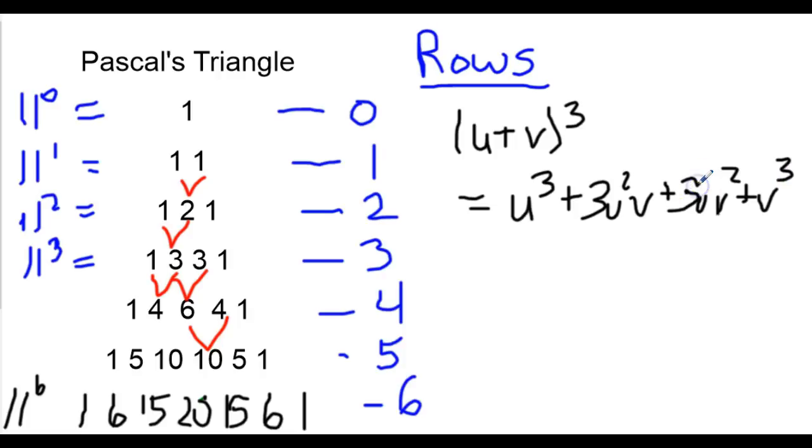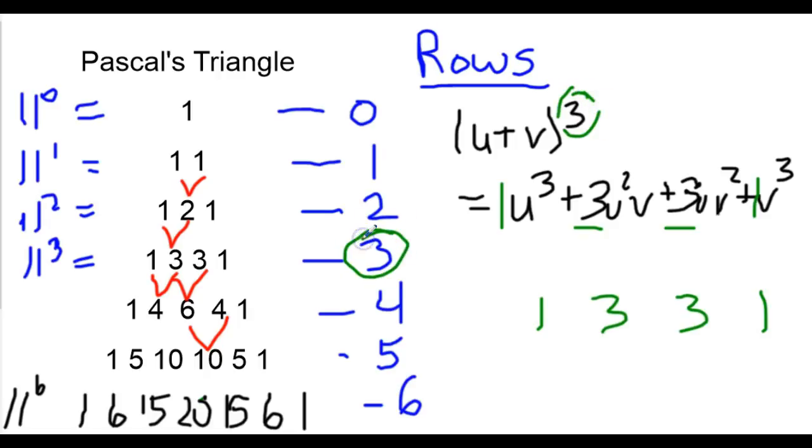So how does Pascal's triangle apply to this case? If we look at our coefficients, in front of our terms we have 1, 3, 3, and 1. Our power was 3, so if we look at the third row, our coefficients are found in Pascal's triangle: 1, 3, 3, 1.